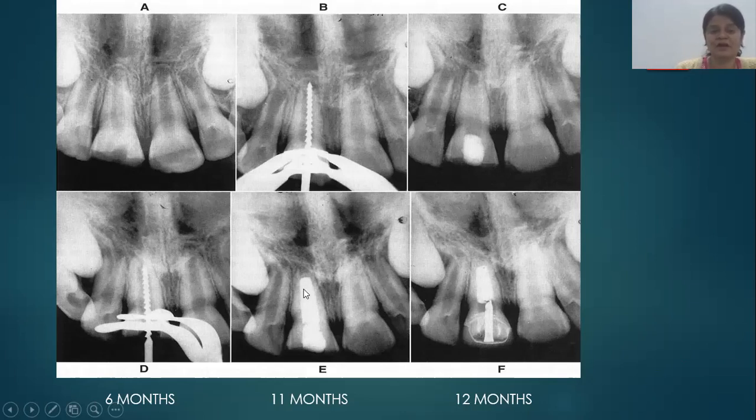Then the patient was recalled again, and once more a dressing was given, and finally recalled at 11 months from the start of the treatment. Obturation was then achieved using obturating material, and further the tooth has been given a post to improve the crown root ratio, and a crown is placed.